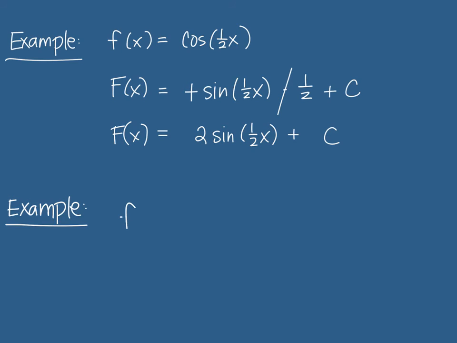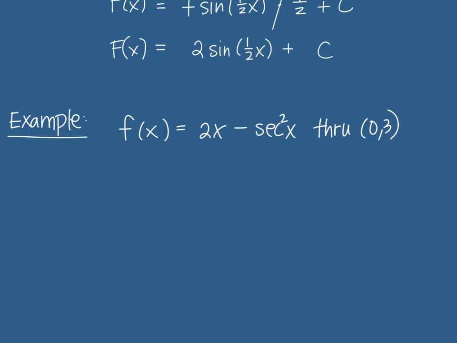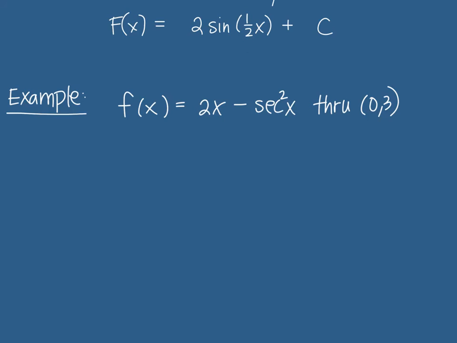All right, how about f of x equal to 2x minus secant squared, through 0, 3. Find the antiderivative, capital F of x.